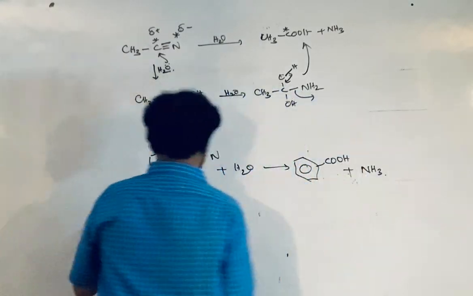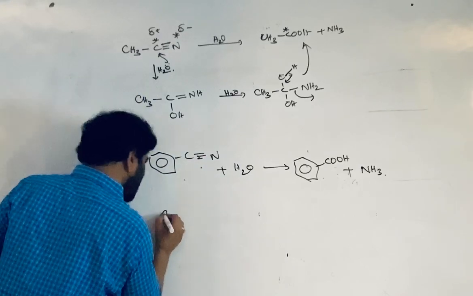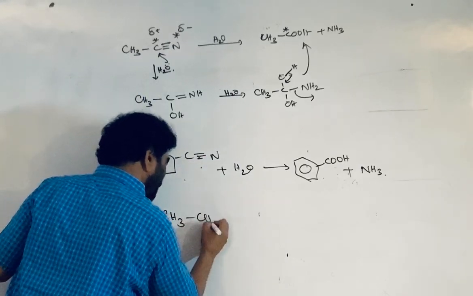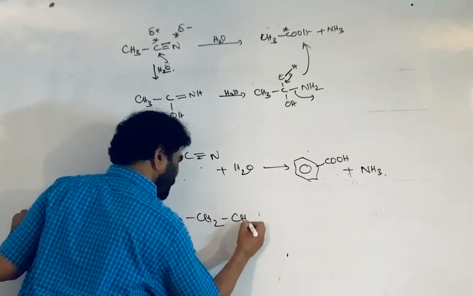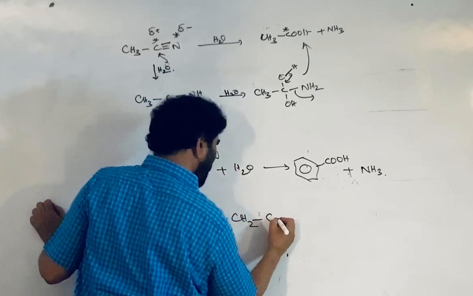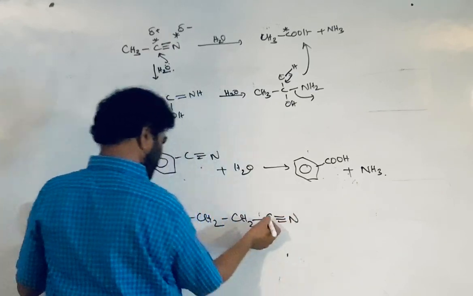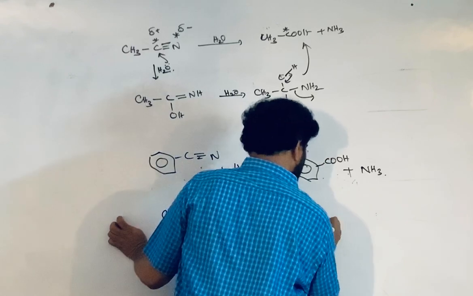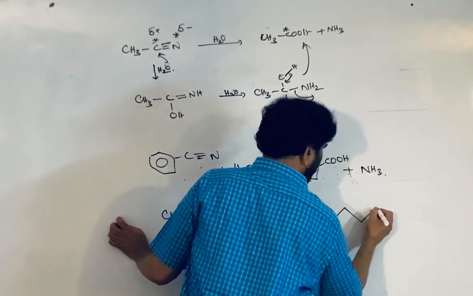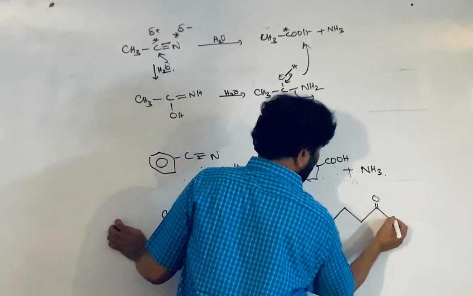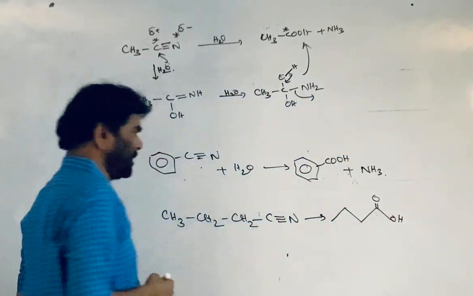Ammonia is liberated. You can take anything, that is propane nitrile or butane nitrile. This hydrolysis gives 1, 2, 3, 4, that is butanoic acid is produced and ammonia is liberated.